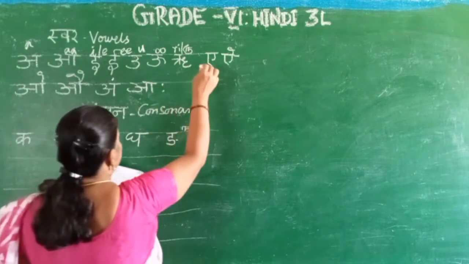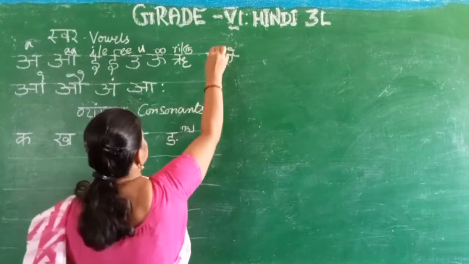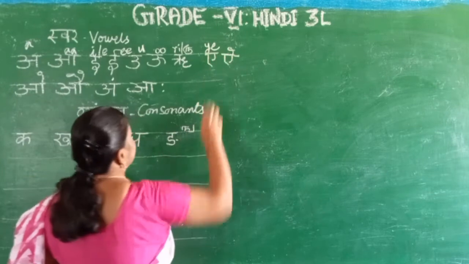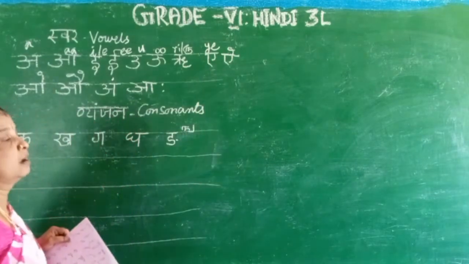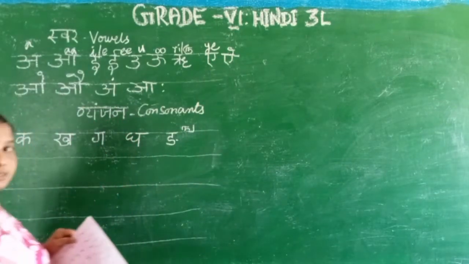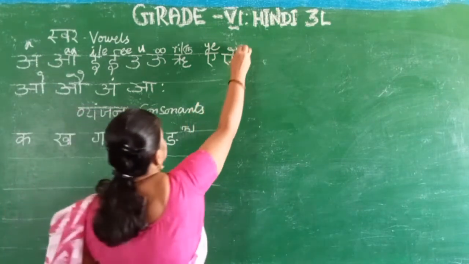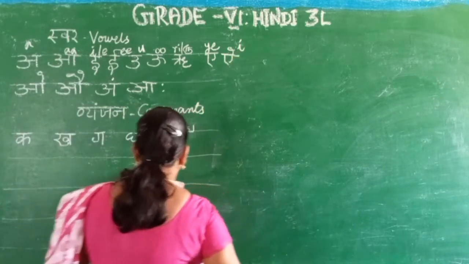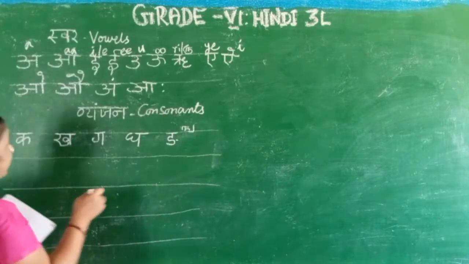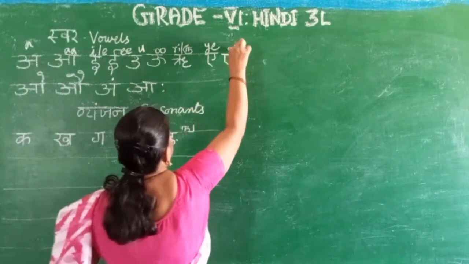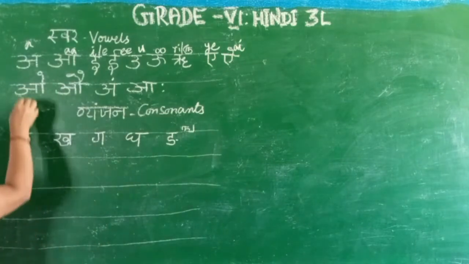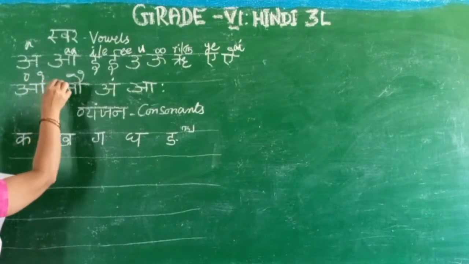Re. And next one, A, that is a long sound. In Tamil, you know, A and O. But in Hindi, there is only one A, that is the long sound A. And I. Next one. O. Au.